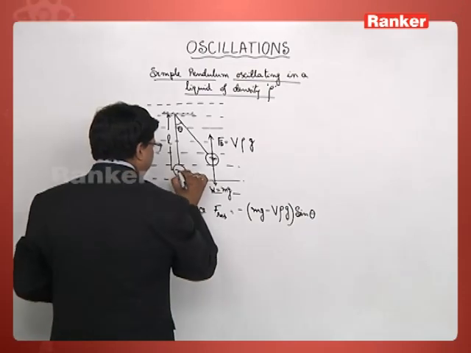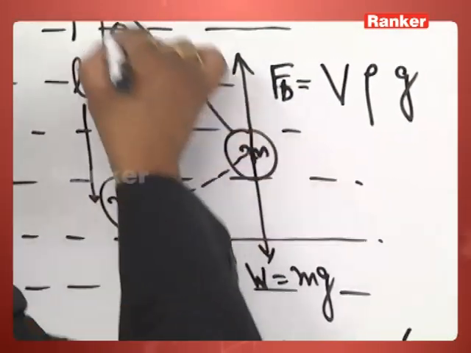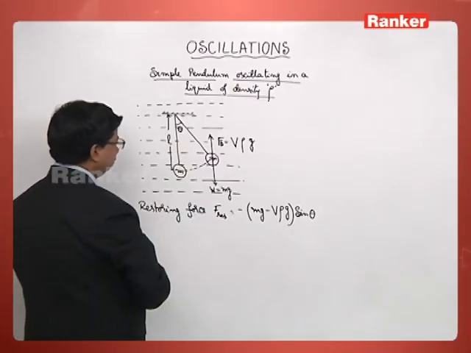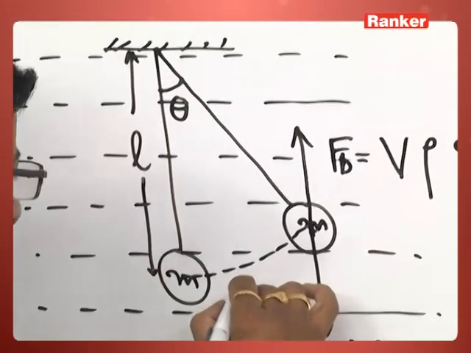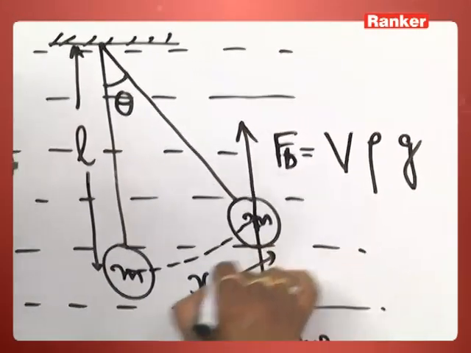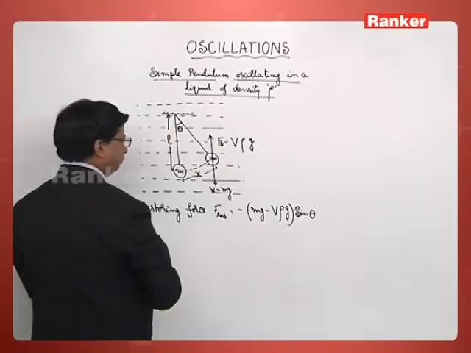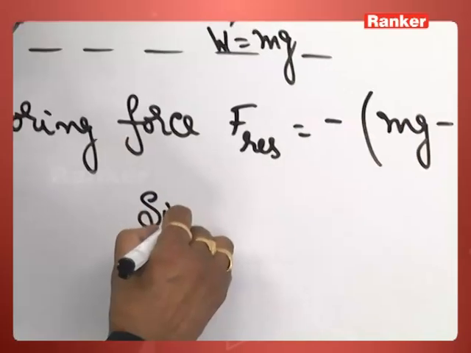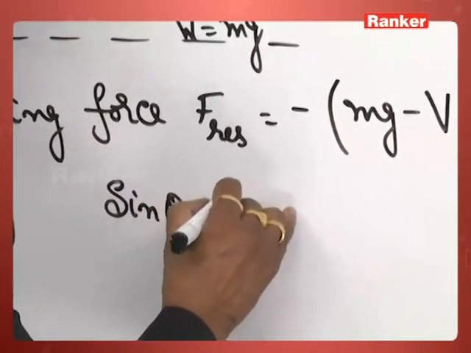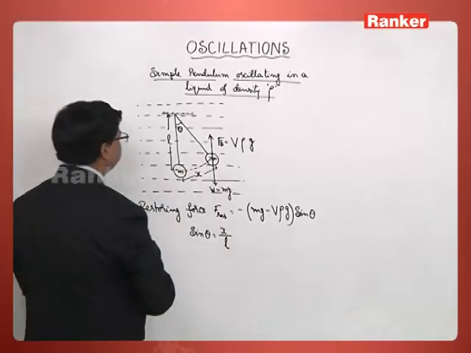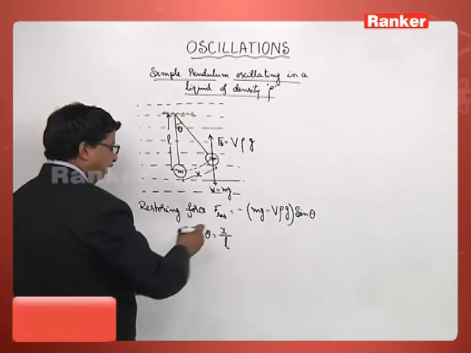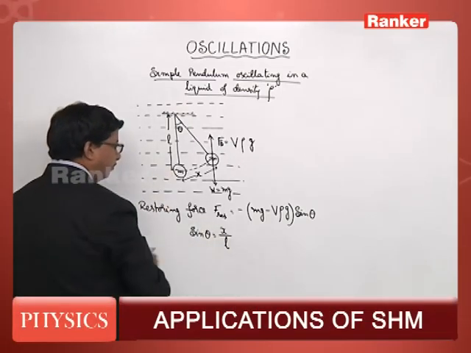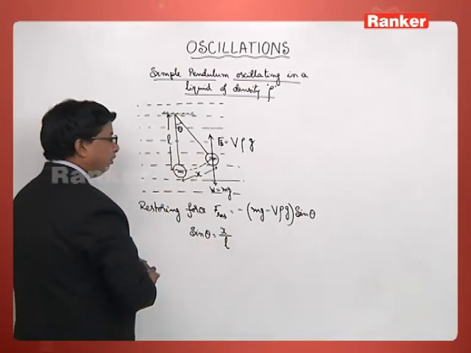But you definitely can understand when this angle is very small, and if I take this displacement of the bob as x, then I can write sin theta as x by L. So L is the length over there of the pendulum and x is the displacement of the body.